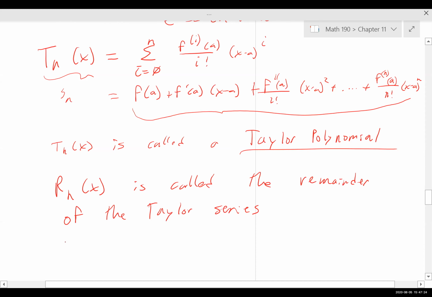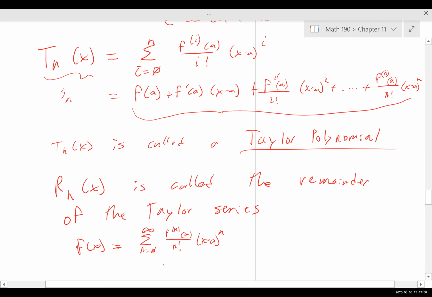And so the whole function, f of x, is equal to the Taylor series. It equals the whole thing, the sum n equals 0 to infinity of f^(n)(a) over n factorial times (x minus a) to the nth degree.